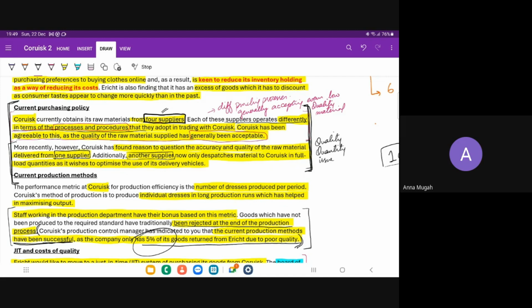Quality standards, let's not talk about quality standards right now, just the procedures. Someone wants different documents, the other one wants different documents, one wants manual documents, the other one is fine with online documentation, something like that.